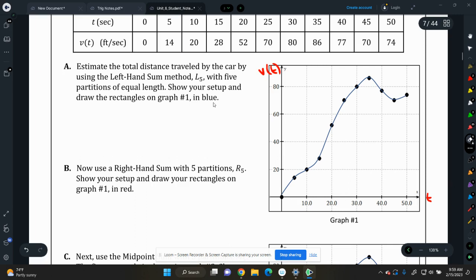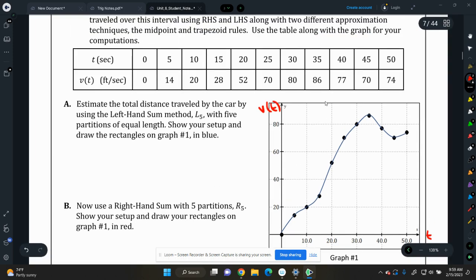The area under the curves that we're doing, these are all finding the integral. So if it's s of t, the integral would be v of t. No, if it's v of t, the integral is s of t.